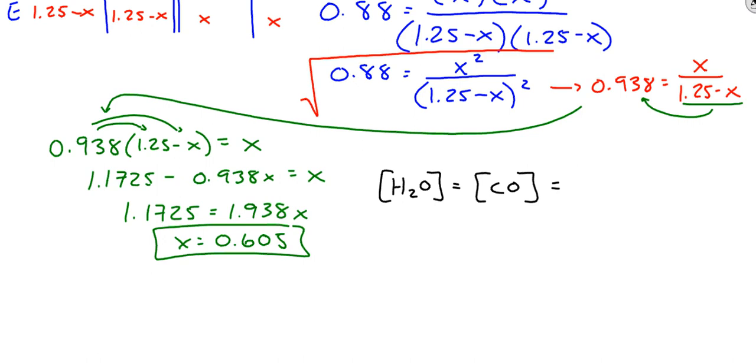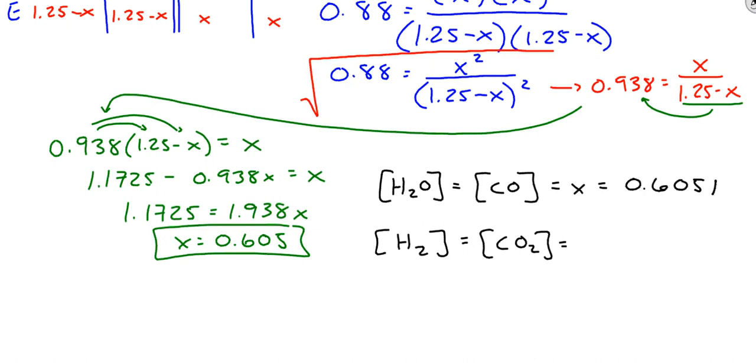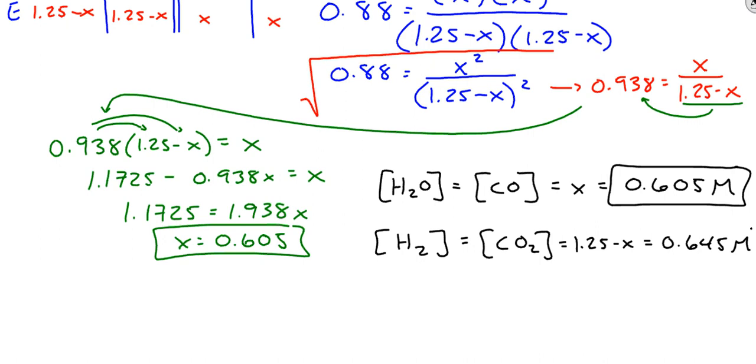My reactants are H2O and CO. Sorry, my products, and my reactants are H2 and CO2, and those both have the exact same expression, so I'm going to solve it at the same time. So this equals X, which simply equals our value, and the other value was 1.25 minus X. So if you subtract that from the other, it will become 0.645 molar.